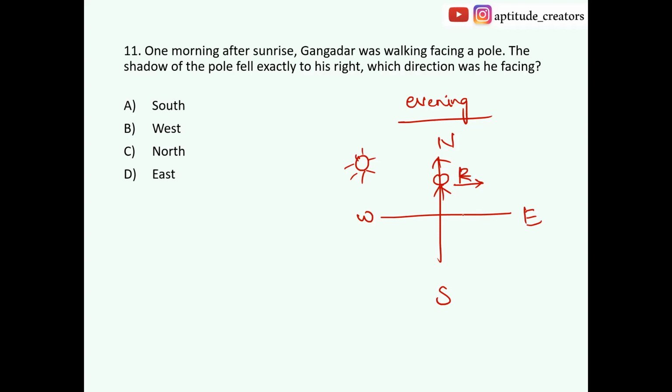If the person is facing towards the south direction, then the shadow will fall on his left side. If the person is facing towards the west direction, then the shadow will fall on the east or back. Yes, this is about the evening case.